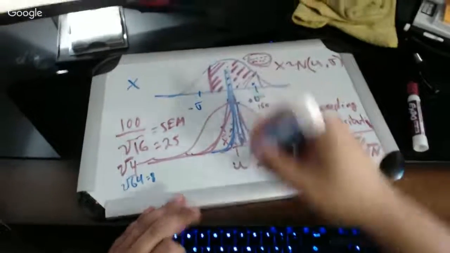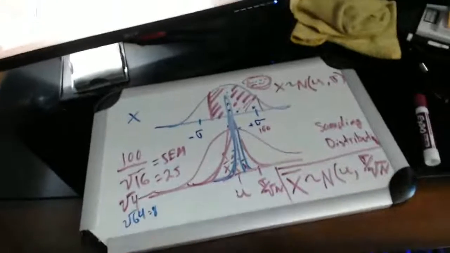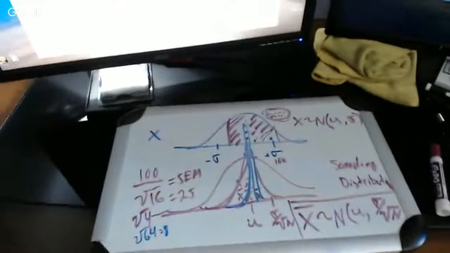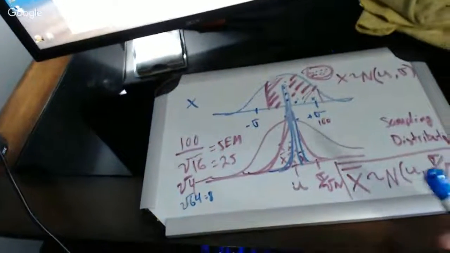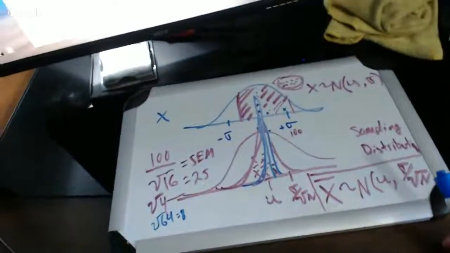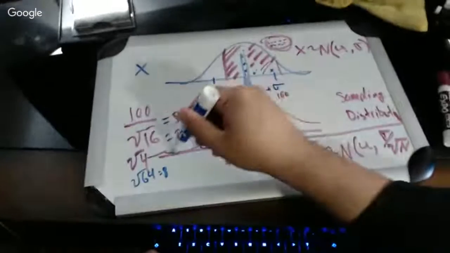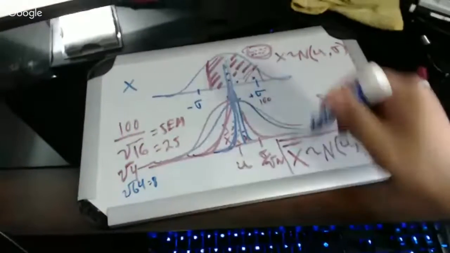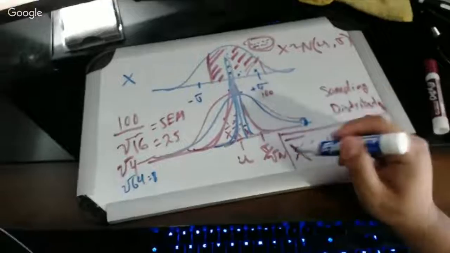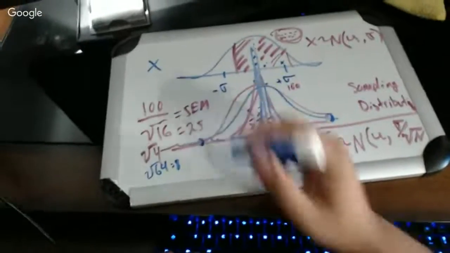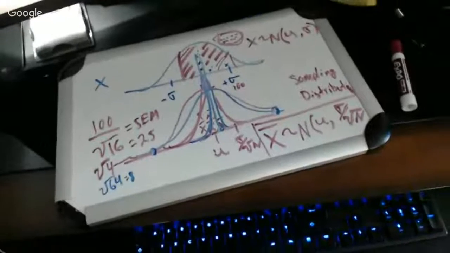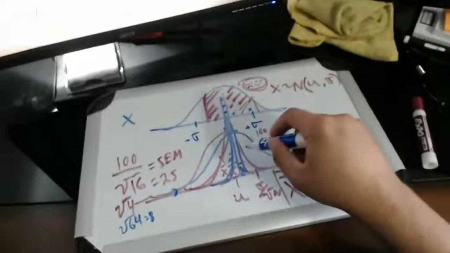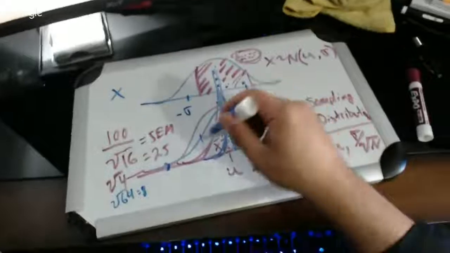Everyone is really close to the mean, because if my group is 1,000 people, I'm going to get a very, very similar estimate of the group's average height from one group of 1,000 to another. Whereas if I'm pulling groups of 2 people, I might get something that looks like this, because I accidentally pulled 2 basketball players, or 2 jockeys, or 2 people of regular height. So it's much more likely I'm going to get 2 people around regular height, or one tall person and one short person, and they cancel each other out.